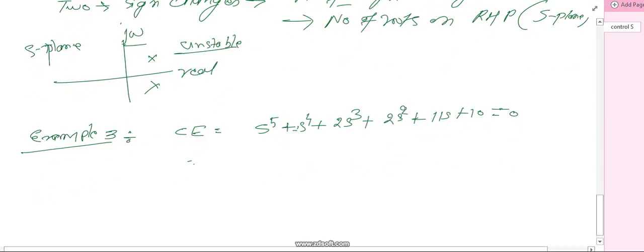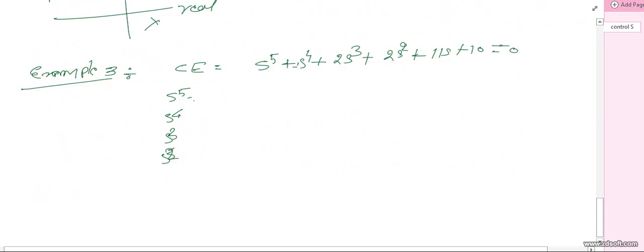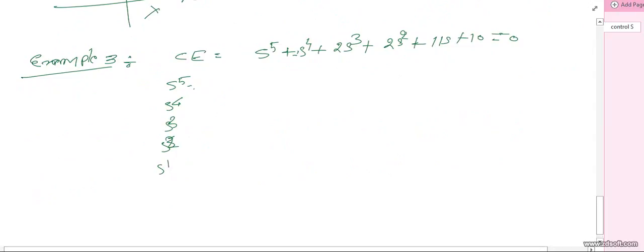Now again doing the same procedure, Routh table, s power 5, s power 4, s power 3, s power 2. For s5 we have 1, then next is your 2, next is your 11.